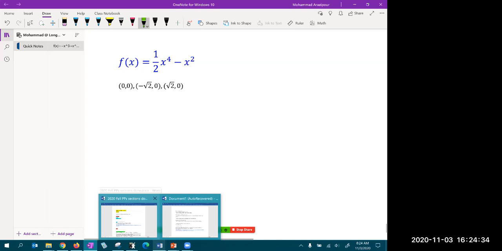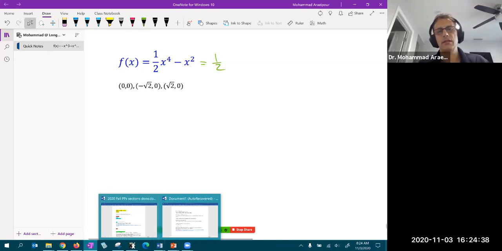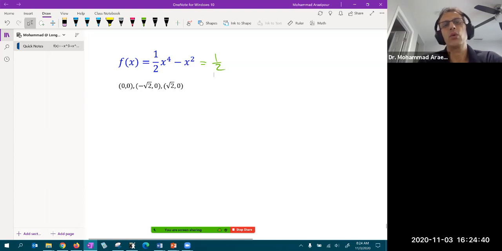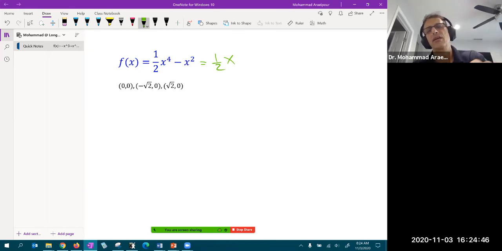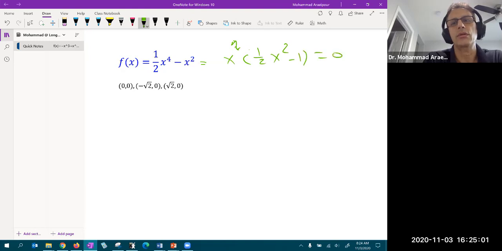If I factor this, let's take off x squared. Not that it matters, either way is fine, class. So x squared times 1/2 x squared minus 1 equal to 0.